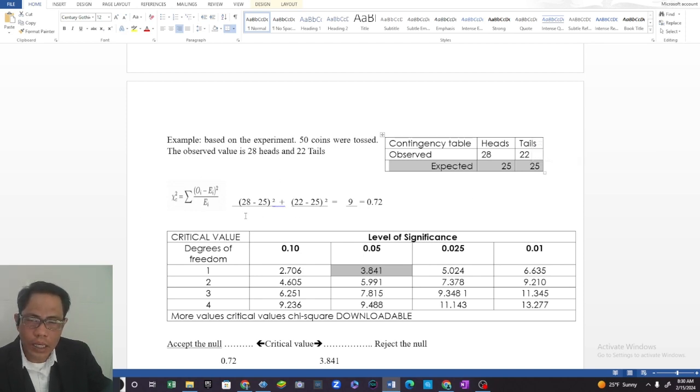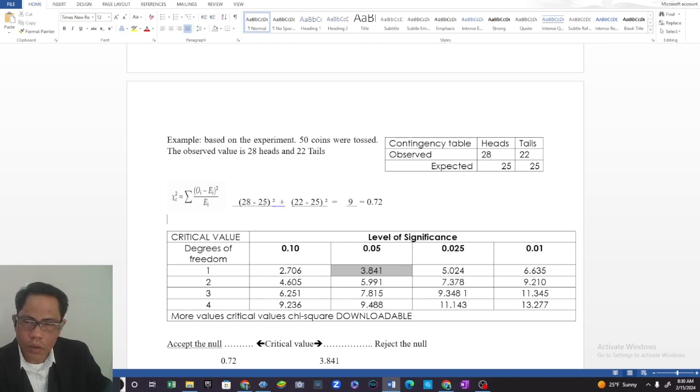So the calculation here is the sum of the square of observed values minus expected values over expected values. Something's wrong here, the expected value should be under here.